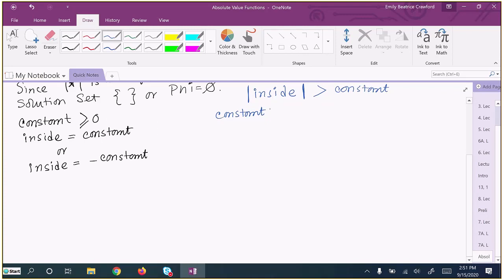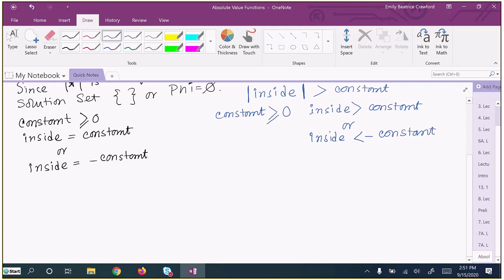So if the constant is greater than or equal to 0, then in order to solve, I write a twofold solution. I write inside of the absolute value is greater than this constant value, and or inside of the absolute value is less than negative of the constant value.